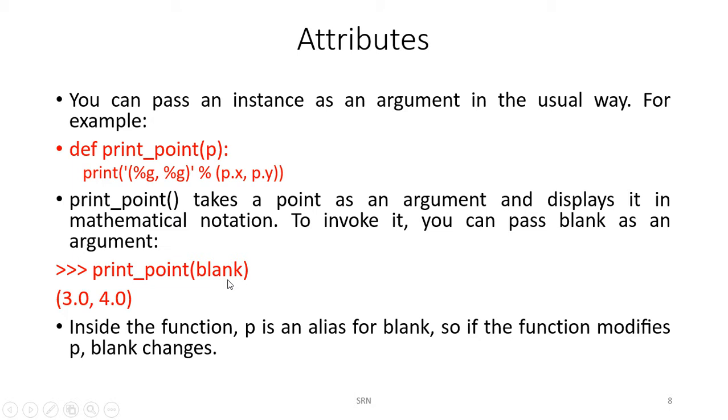So with this, the blank object is carried to this location, and p is another name given to blank, and it will print the values of x and y of p. So inside this function, p is an alias to blank. Whatever changes we make to p will all get reflected in blank also.